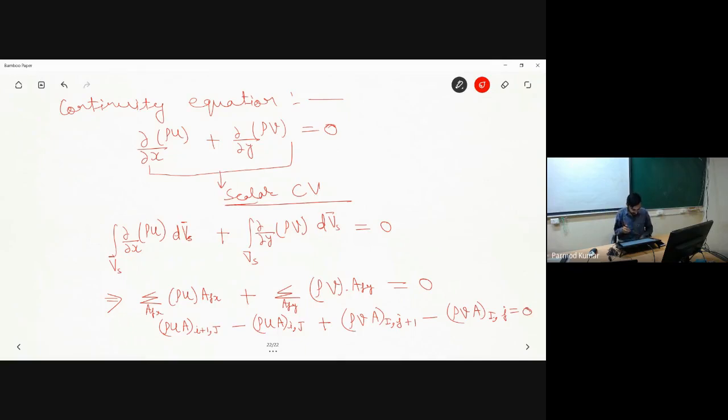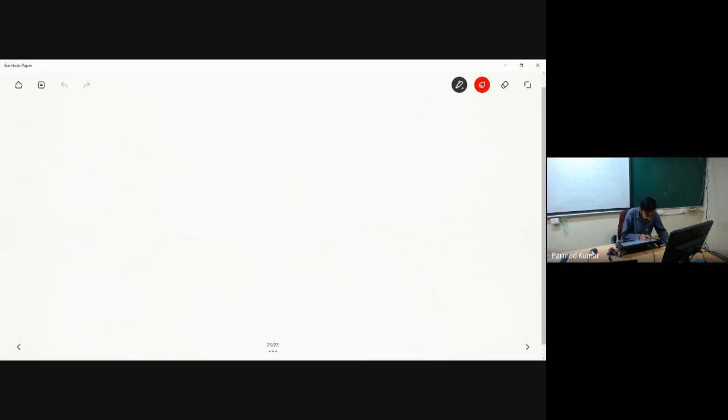Now we already know some equations. We have found that u is equal to u star plus u dash, and v is equal to v star plus v dash.